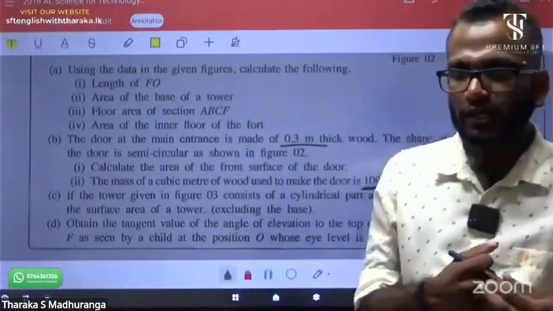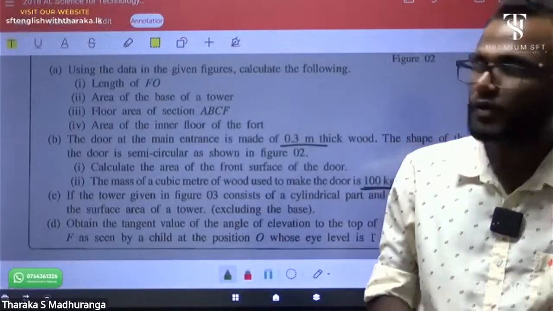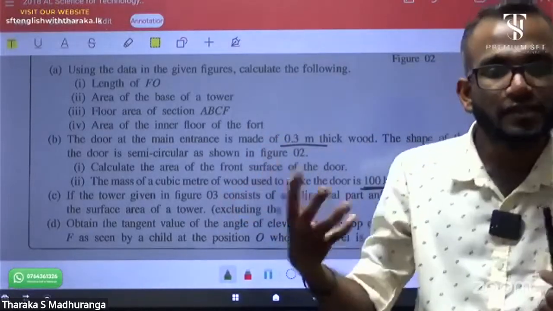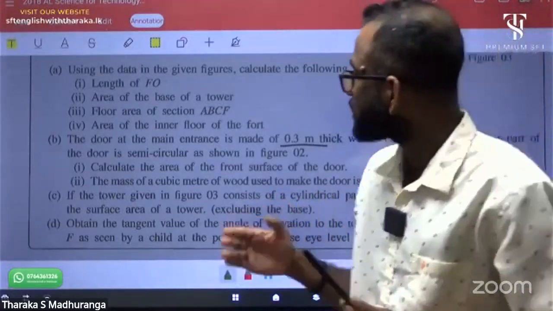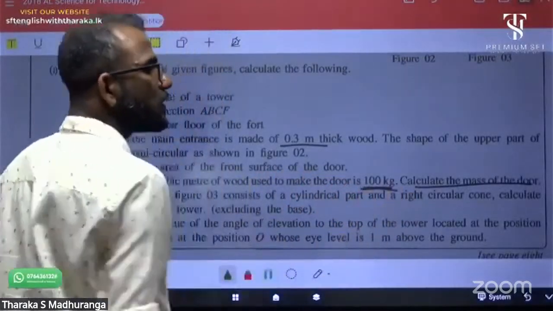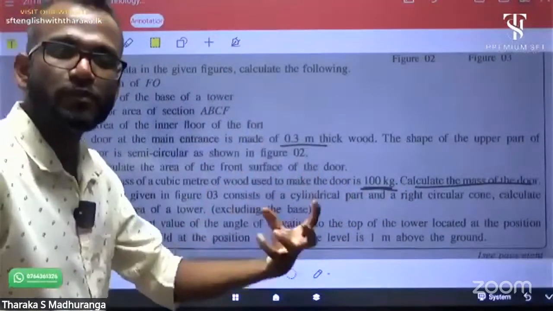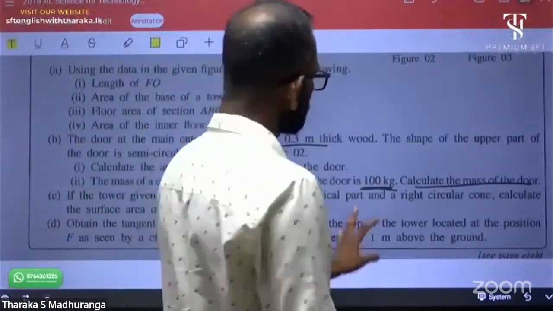What's the method? First of all, you have to calculate the volume of the door. Then you can get how many cubic meters are in the door. Then 1 cubic meter equals 100 kilogram, so you multiply your volume by 100.